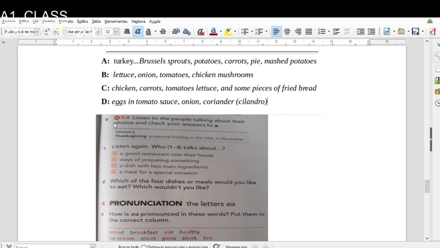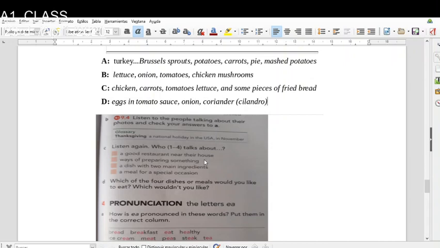And now you're going to listen to some people talking about their photos, and we're going to check the answers. You have to listen and say, well, which person, 1, 2, 3, 4, talks about a good restaurant near their house? Speaker 1, speaker 2, speaker 3 or speaker 4.